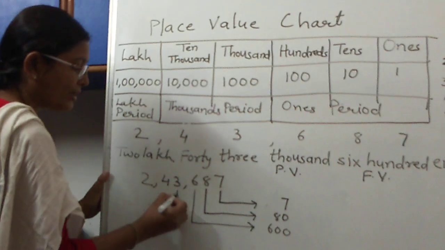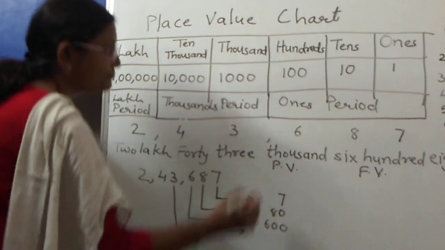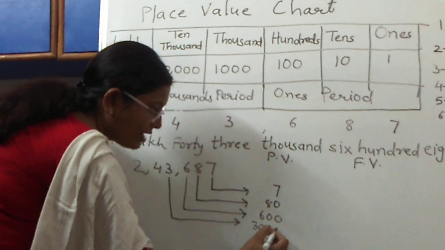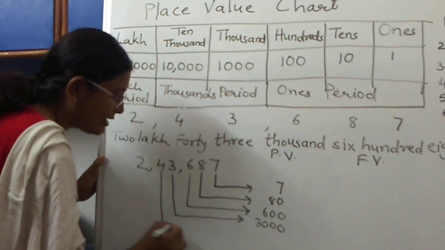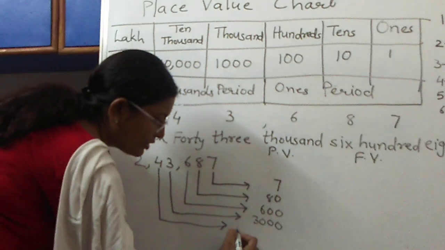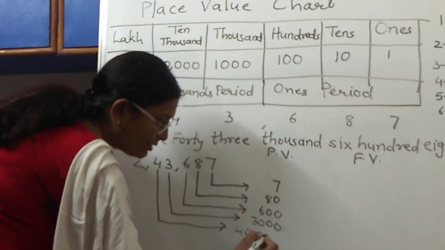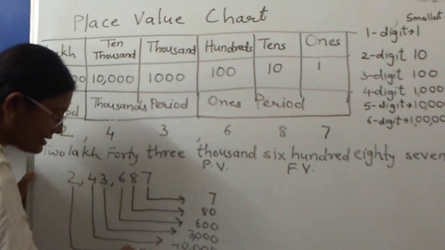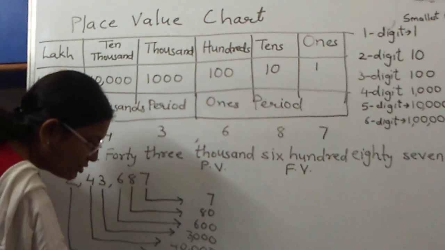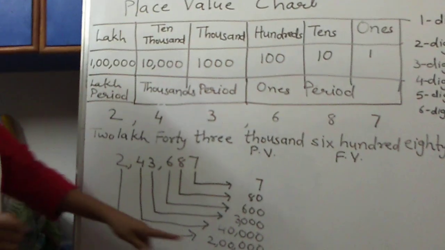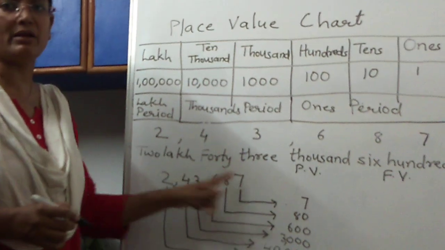Right? 3 is at the 1000's place, so it will be 3000. 4 is at the 10,000 place, so it will be 40,000. Right? And 2 is at the lakh place, so it will be 2 lakh. Okay, this is called the place value of the given number.